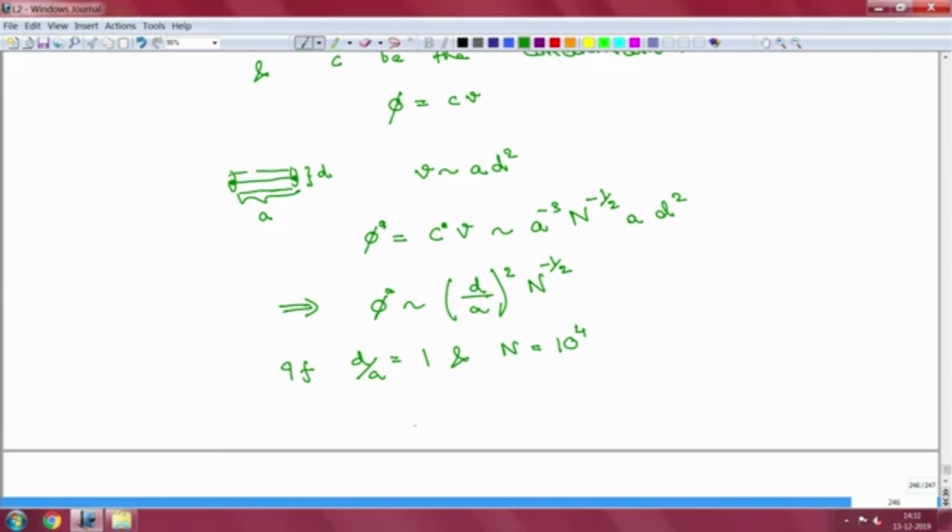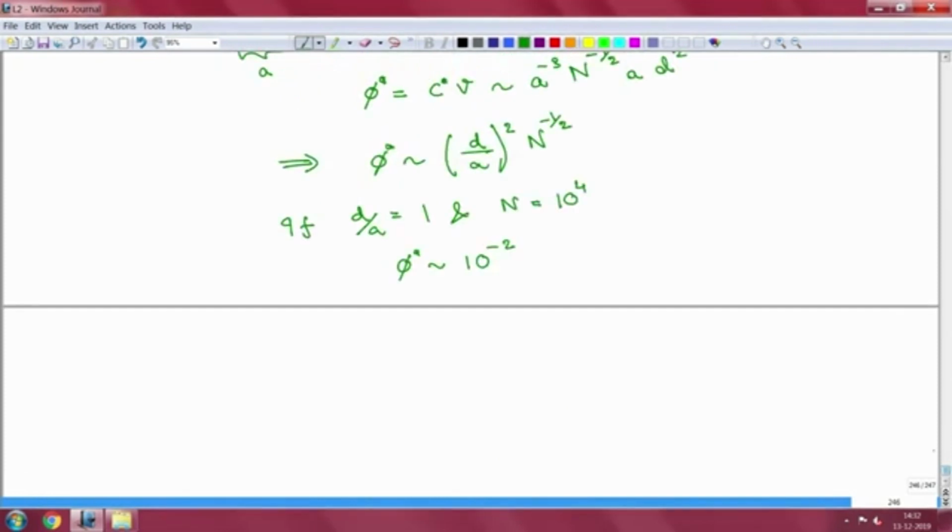So, what does my phi star come out to? 10 to the power minus 2. What does this mean? This means that polymers, so this is an example.